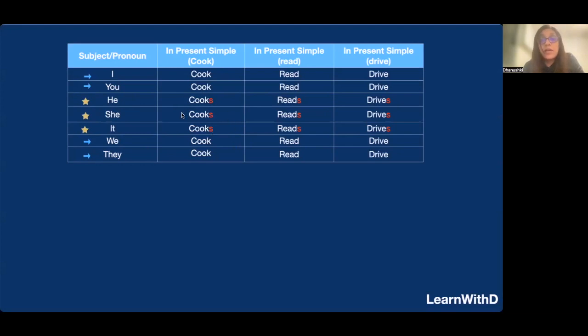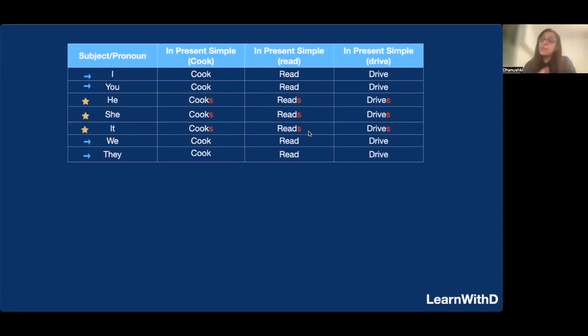Do you see here we add an S at the end of the word, just for he, she, and it? Now let's look at the next example. Read. I read. You read. We read. They read. And let's look at he, she, and it. He reads. She reads. It reads.